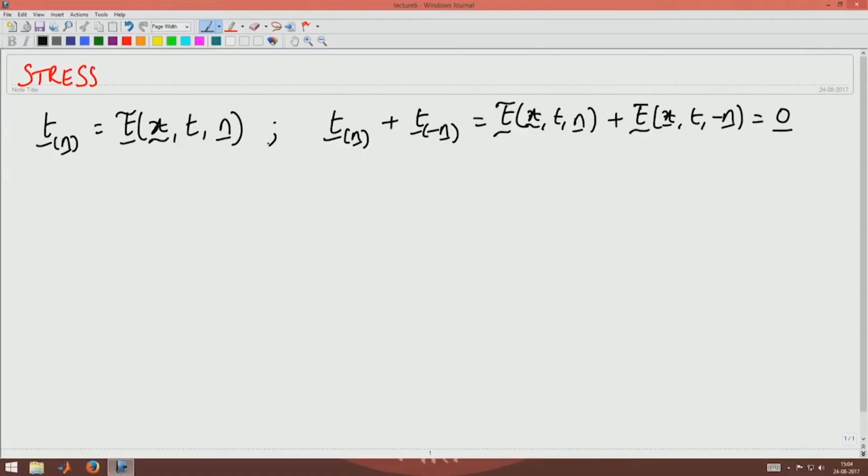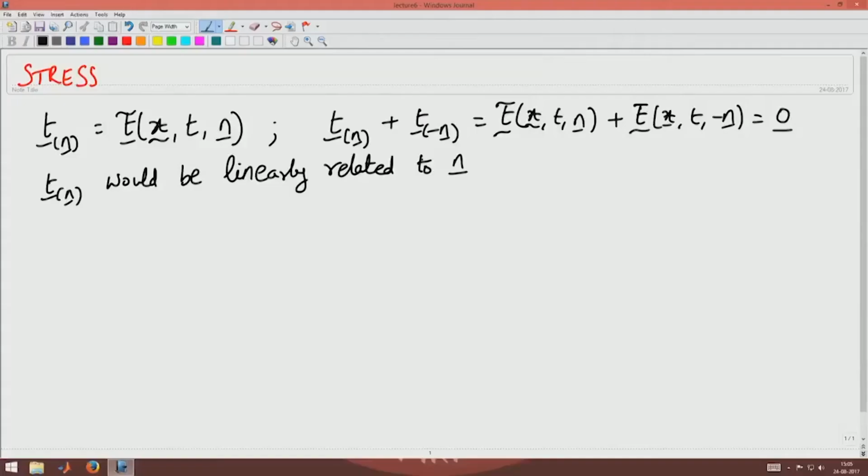So, we saw that these two conditions have to hold, and hence we said that the traction would be linearly related to the normal n. Hence we went about understanding what that linear relationship is, which we called a second order tensor.